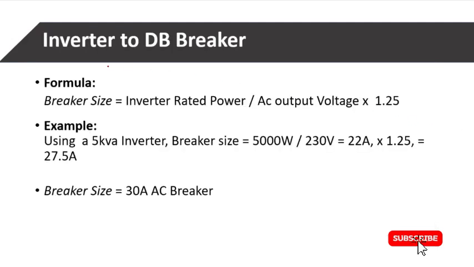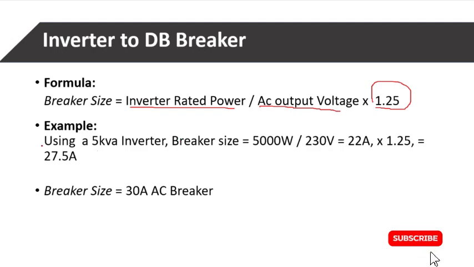Now the next breaker we install is between your inverter and your distribution board. The formula for sizing this breaker is your inverter rated power divided by your inverter AC output voltage, multiplied by a safety factor of 1.25.